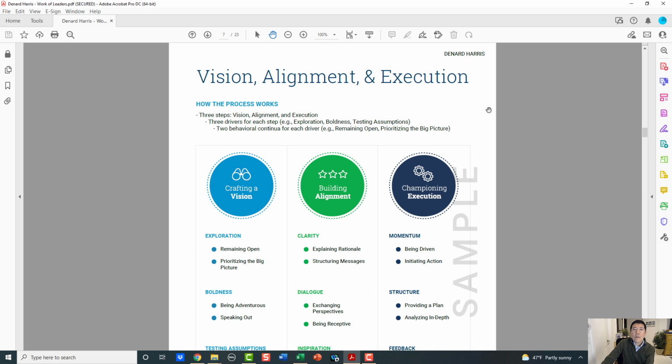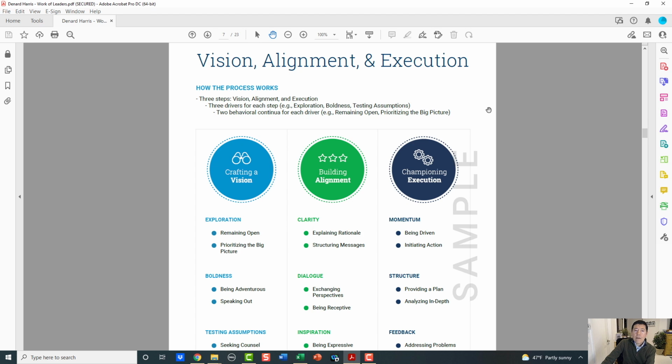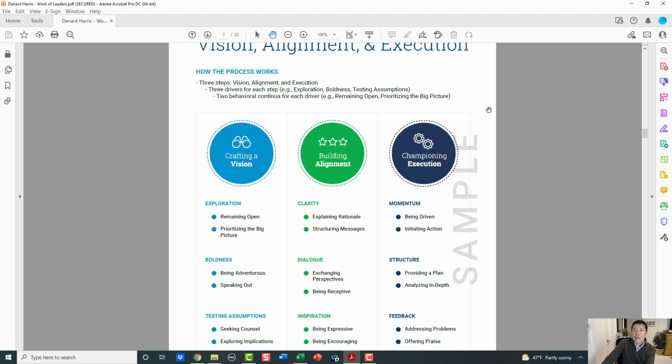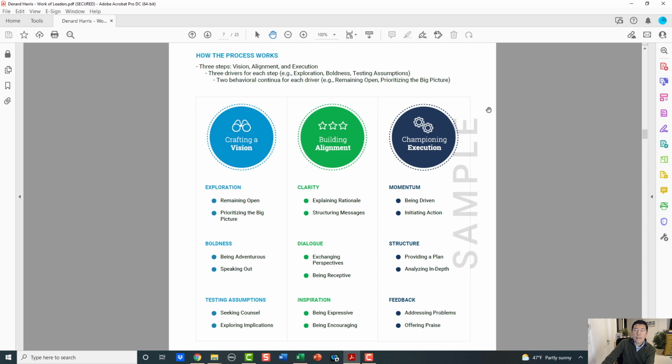And now we get into the heart of this report, which is vision, alignment, and execution, critical competencies for leaders. We have high-level information about the 3 competencies, and then we have subcategories such as exploration, boldness, and testing assumptions under crafting a vision, clarity, dialogue, and inspiration under building alignment, and momentum, structure, and feedback under championing execution.